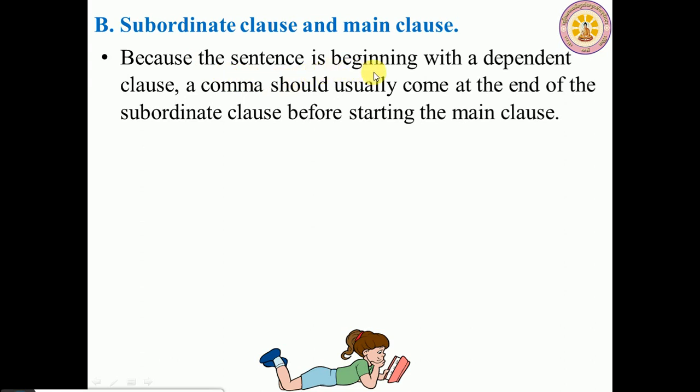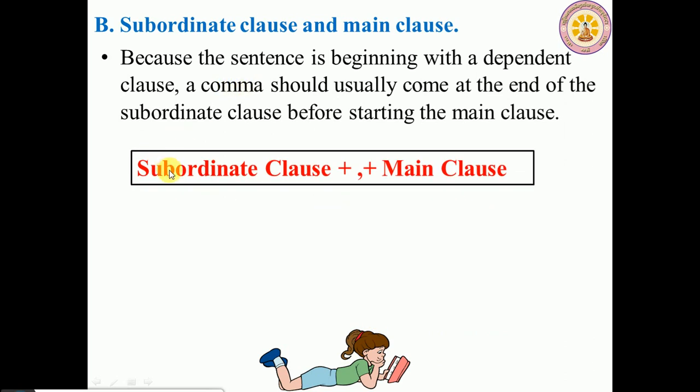Because the sentence begins with a dependent clause, a comma should usually come at the end of the subordinate clause before starting the main clause. So if you place the subclause first and the main clause later, we have to use a comma to separate the two clauses. The structure is subclause plus comma plus main clause.